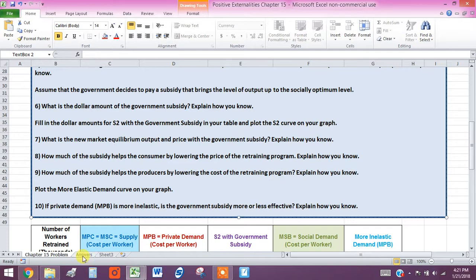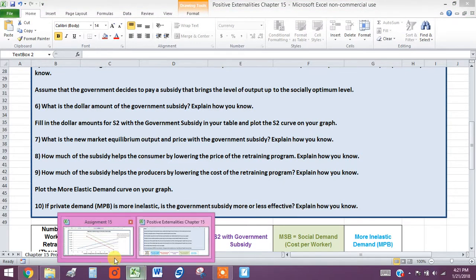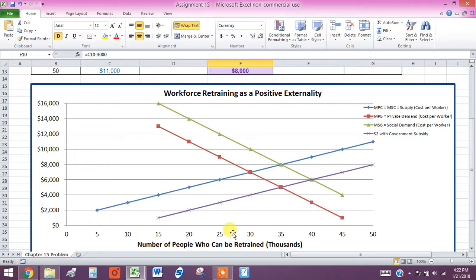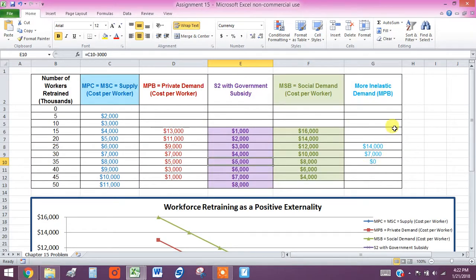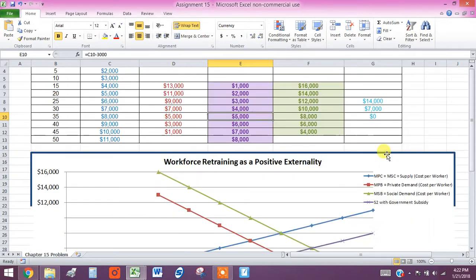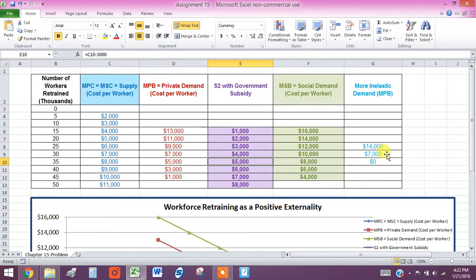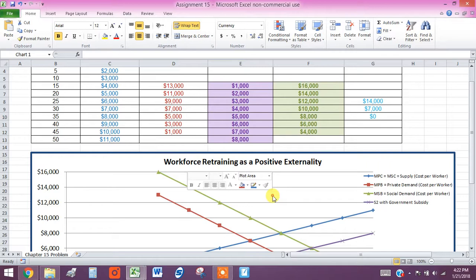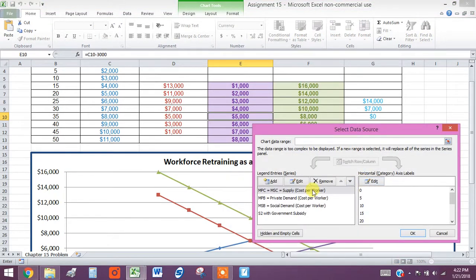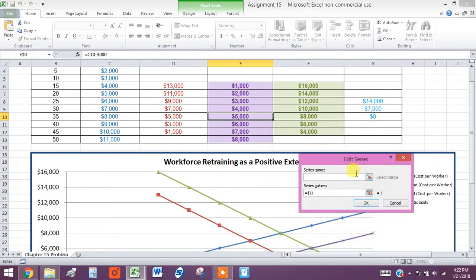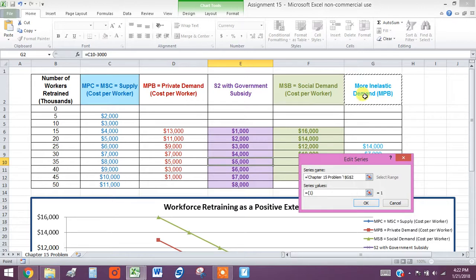I think it's already in there. Let's just make sure. And it's right here. This is the more elastic marginal private benefit, and we just want to compare. So we're going to come here, select data, click on add, more inelastic. This is going to be steeper, more inelastic.